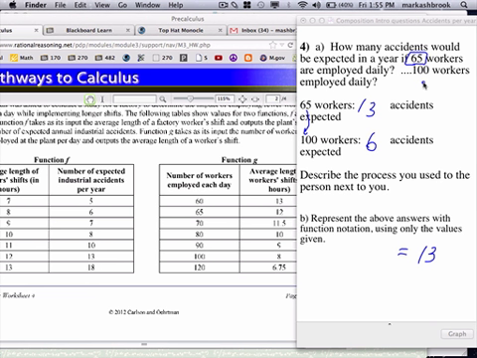What would you write? Everyone work on it yourself. What could you write using the functions f and g to express this number of accidents given 65 workers? And same thing with this, with 6.